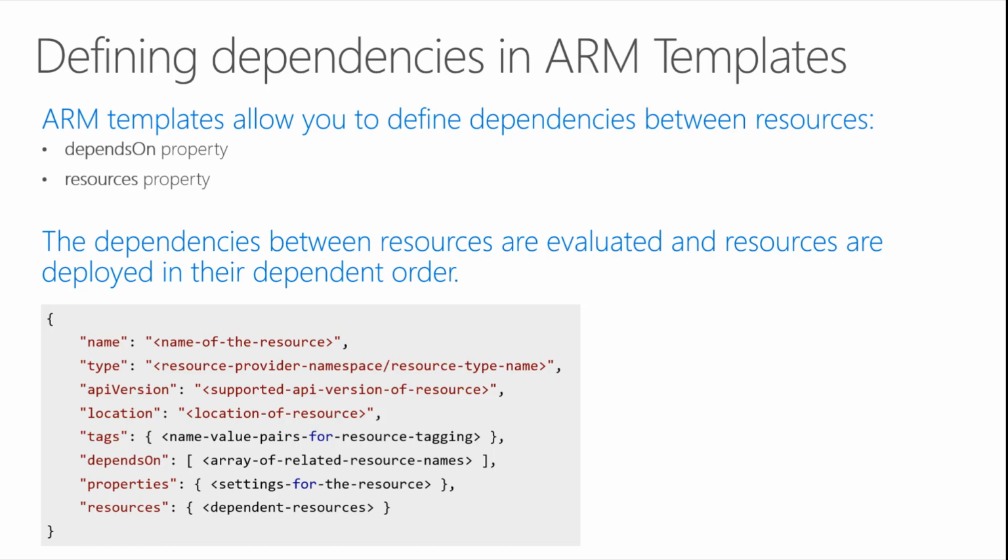In this example, we have the name of the resource, the type, the API version, location, and then tags, name-value pairs for resource tagging. Then it says dependsOn, and in the brackets we have an array of related resource names. That dependency is now created in the ARM template.